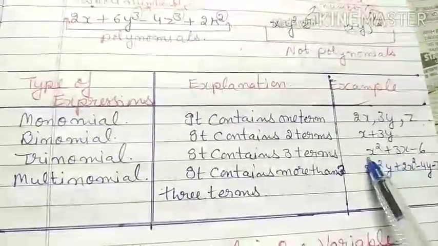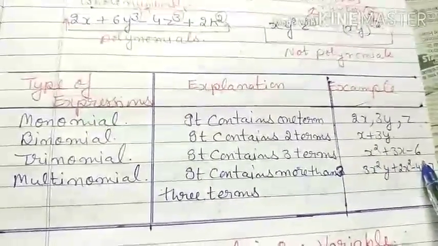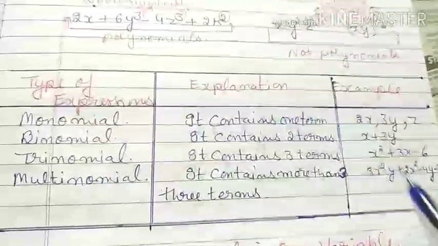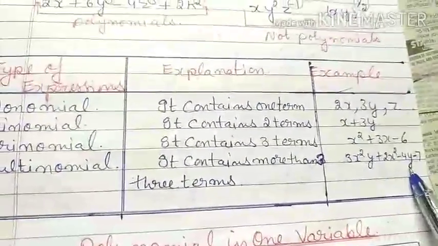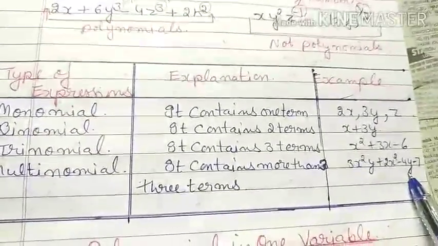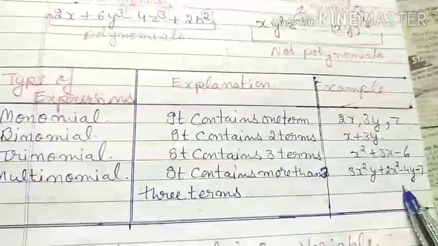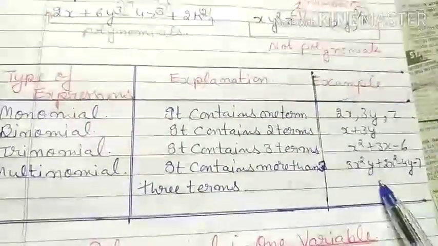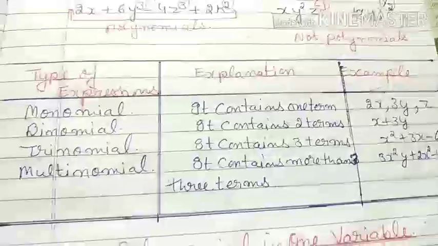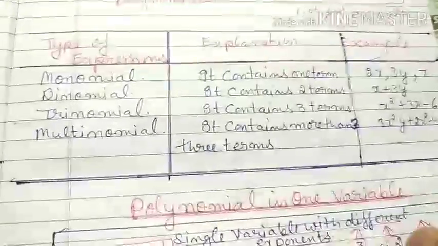If an expression has three terms connected with arithmetic operators, we call it a trinomial. If an expression has four terms, it doesn't matter whether they are literals or constants, we consider only the terms. If there are more than three terms, like 4, 5, 6, or many more, we call it a multinomial.